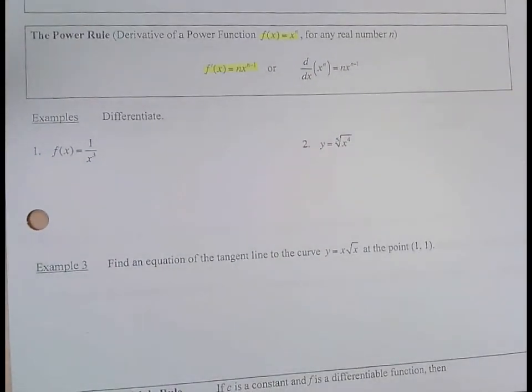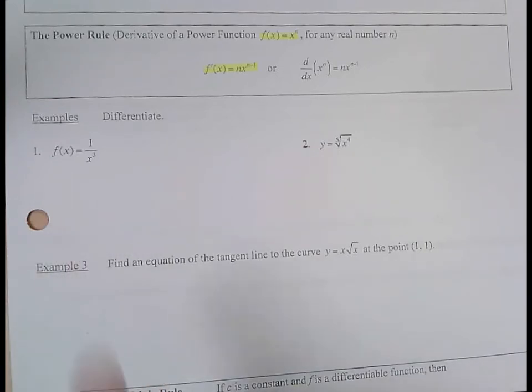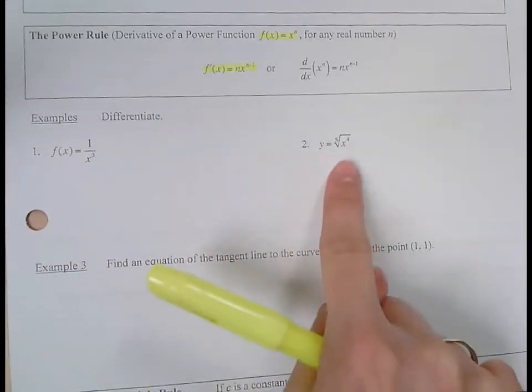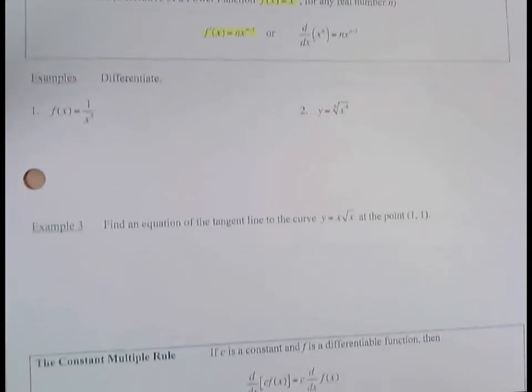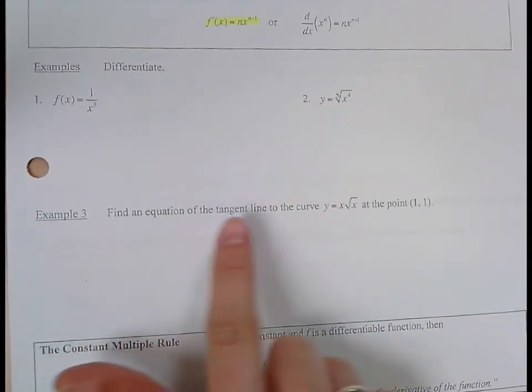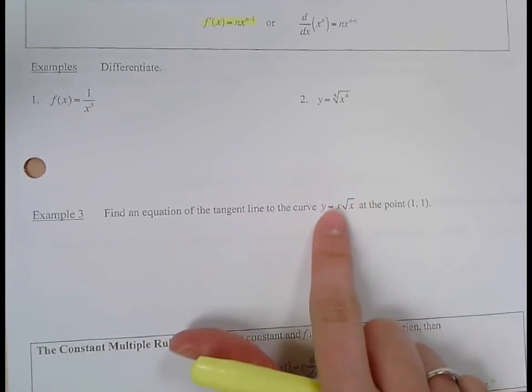So, again, realize this was different days last year. What I'd like you to do, use what you already know to answer examples 1 and 2. And then I'd actually like you to go ahead and answer example 3 as well. So example 3 is having you take it a step further and find an equation of a tangent line, which we've done before. This curve was a problem that was on the sheet you just did.